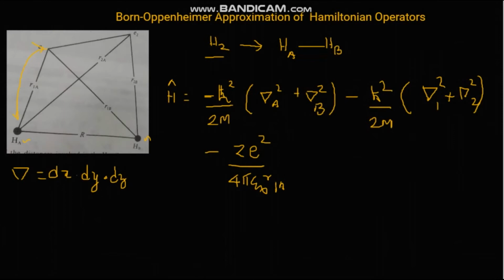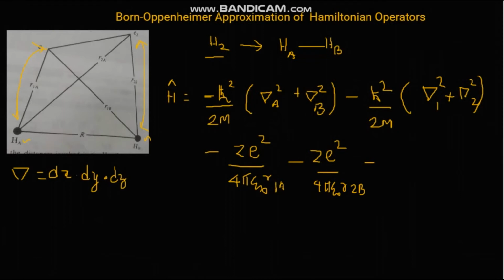Likewise, there is another electron here. This electron is connected to the other hydrogen atom. So adding that attractive force to the whole Hamiltonian operator, Z into e square by 4 pi epsilon naught r2b, with a minus sign.